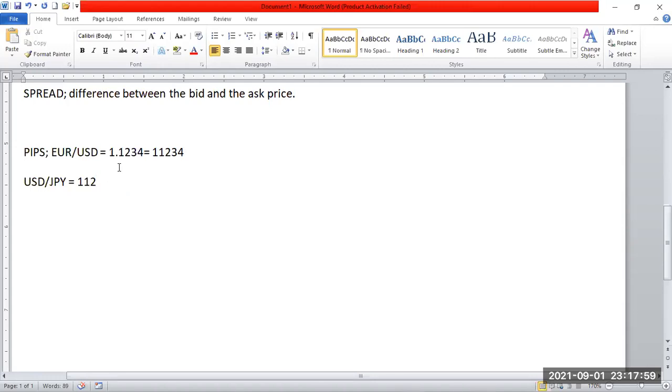I hope you understand. Let me show something else. In case of 0.9 whatever, my pip here will simply be 93. But in a case where you have, let's say, 23.767 whatever, my pip here will be equal to 2368.